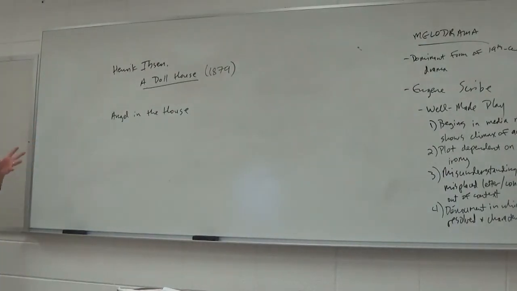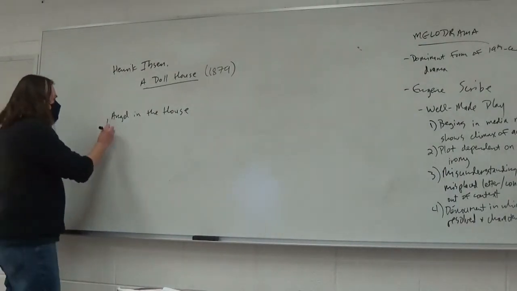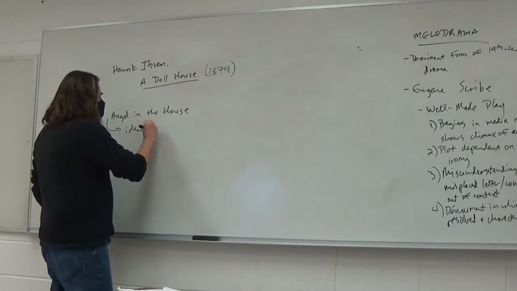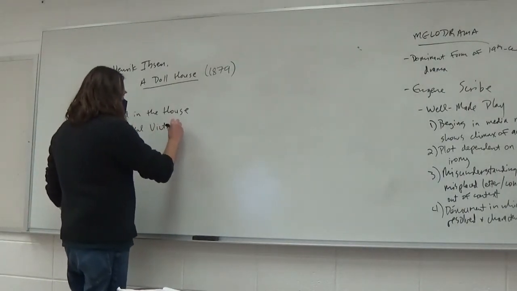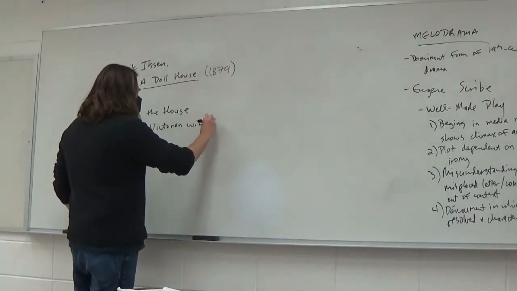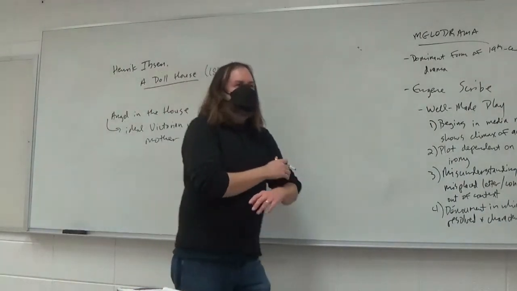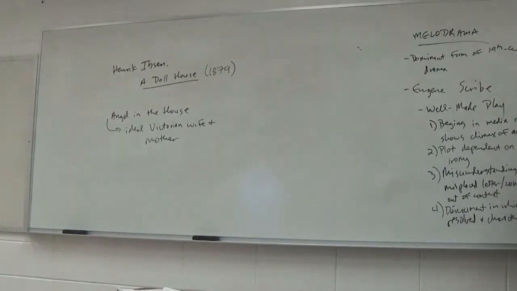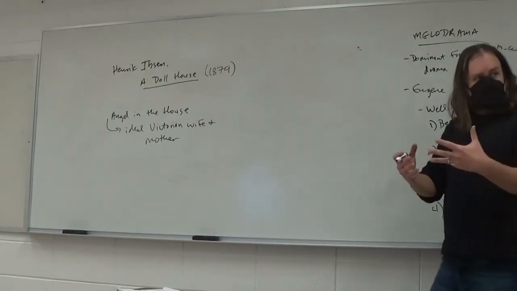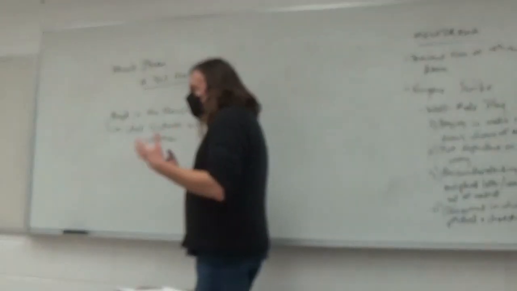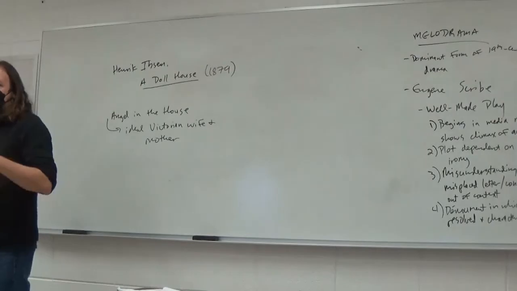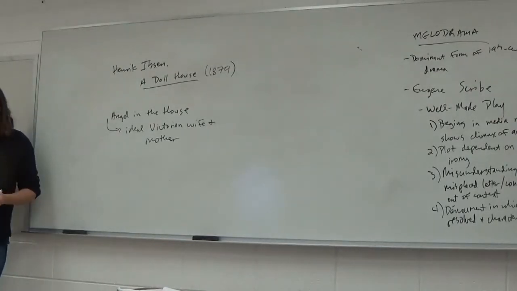So the angel in the house was the ideal Victorian wife and mother. Right? The home was her domain, and it was considered her moral duty, because women were morally better than men, to provide a safe home and hearth for her wayward husband and to provide a good example to him.